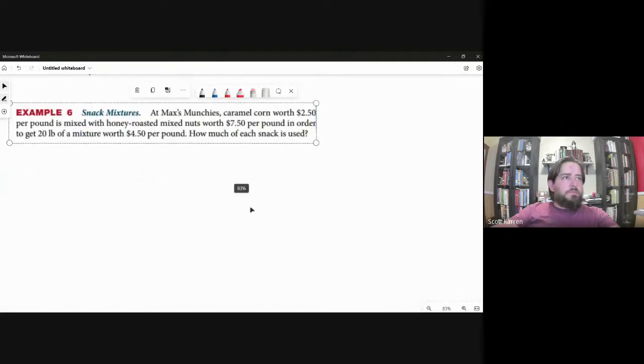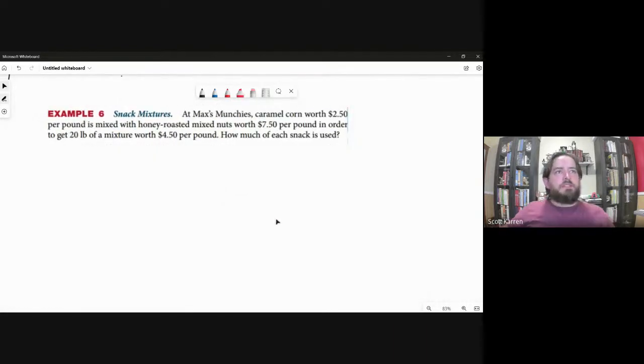At Max's Munchies, we have caramel corn worth $2.50 per pound mixed with honey roasted mixed nuts worth $7.50 per pound in order to get 20 pounds of a mixture worth $4.50 per pound. How much of each snack is used, right? So there's a lot of words here. What are we going to do?